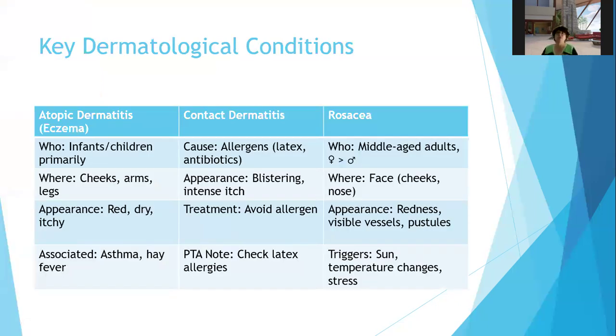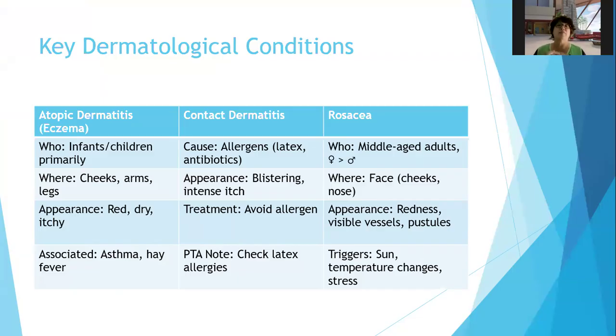So these are some key dermatological conditions that you might see, and often as secondary conditions to what you're really treating. Atopic dermatitis, also known as eczema, occurs primarily in infants and children on the cheeks, arms, and legs, and it appears red, dry, and itchy. It can be associated with asthma and hay fever.